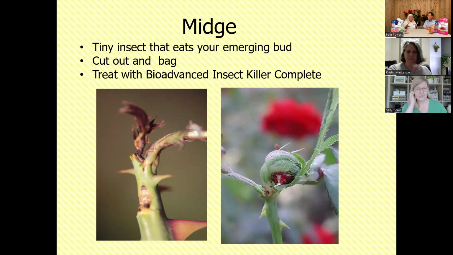And then they pupate and fall to the ground, and the cycle just repeats. They don't fly very far, so they hang around the rose garden, and the cycle repeats incredibly fast, like every 12 to 16 days. So this is why it's important to get ahead of it and not let it become an infestation.